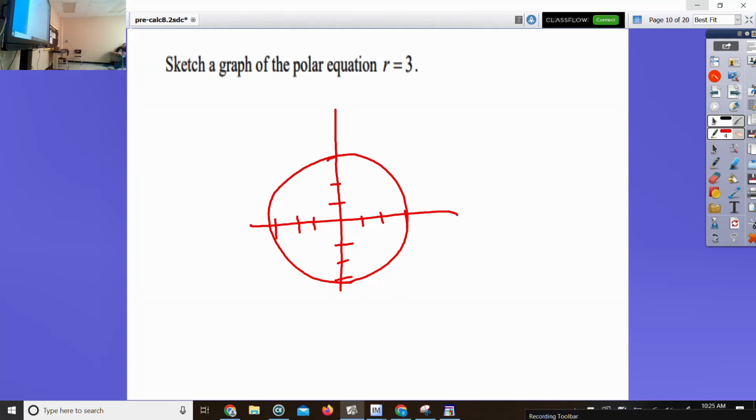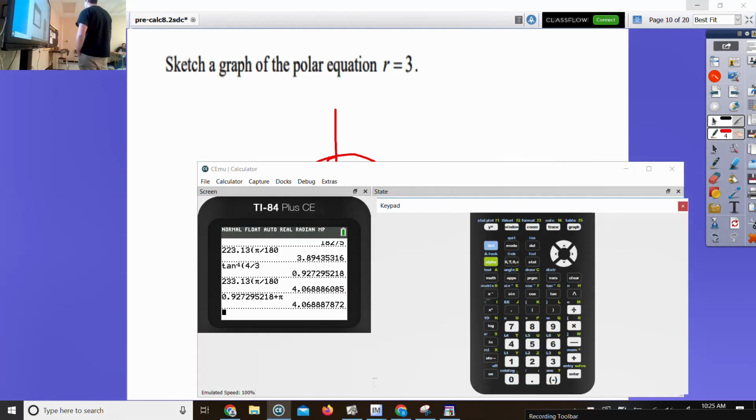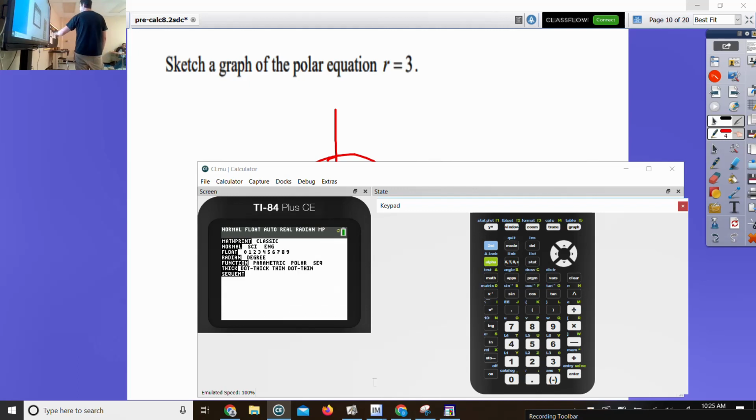Since you guys have your TI-84s out in front of you, please change the mode back. Please do not leave it in polar mode. In mode, what is that, 5th row? You see function, parametric, polar, and sequential. Those are all different types of graphing.